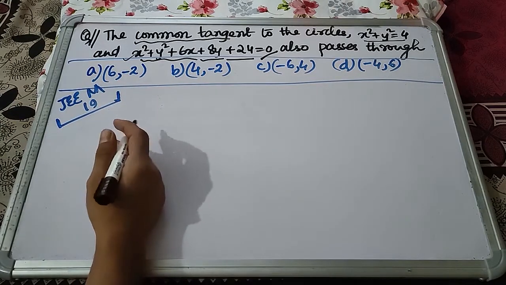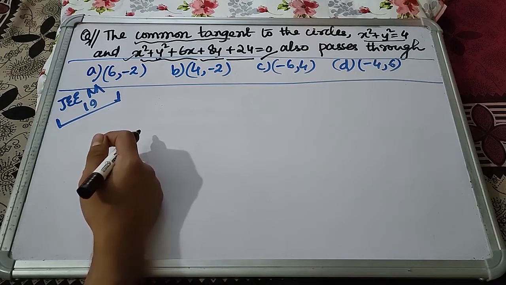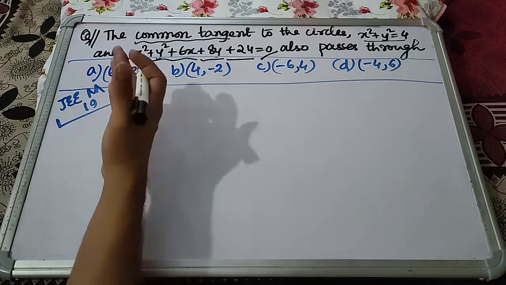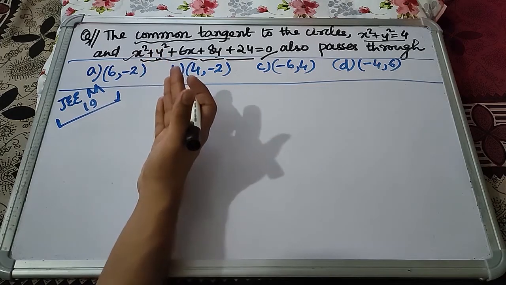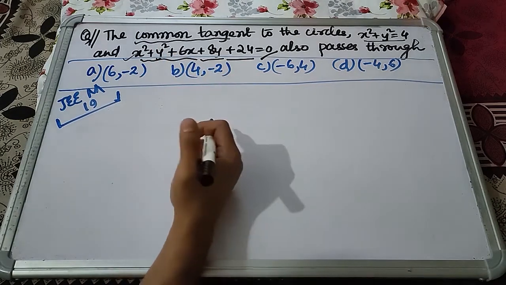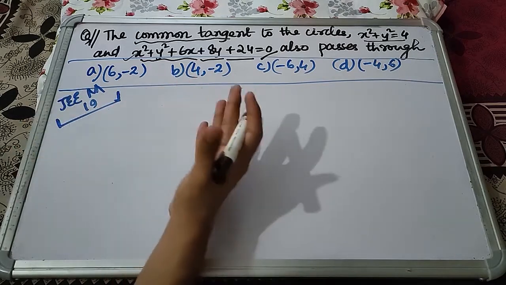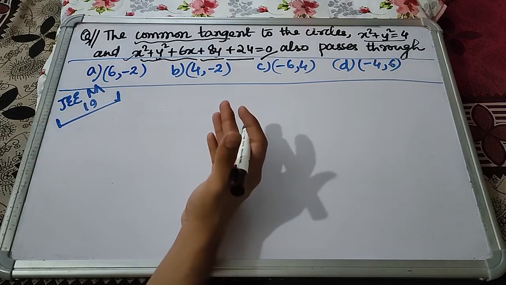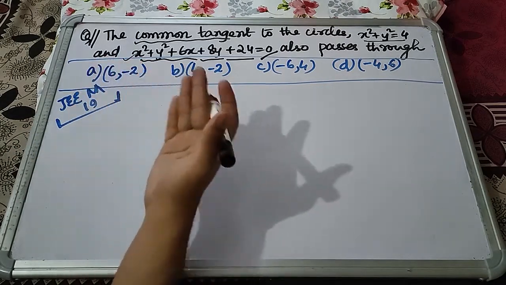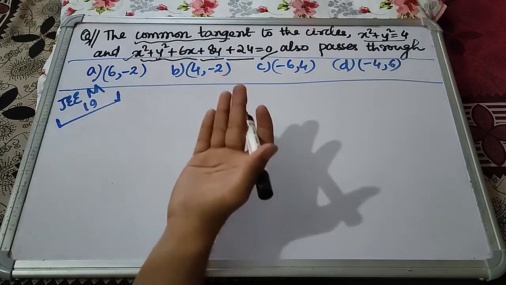So the question says: the common tangent to the circles x square plus y square equals 4 and x square plus y square plus 6x plus 8y plus 24 also passes through... So you get the basic idea that we need to find the equation of the common tangent. If you have the equation of the common tangent, finding which point it passes through isn't a very tough task.